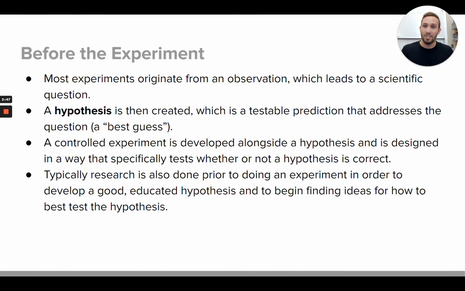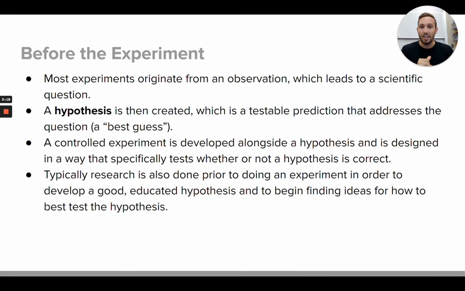Before we do that, just to preface this whole experiment thing, before an experiment, usually there's some kind of observations that are involved of the natural world around us, especially in biology. Scientists are constantly observing specific things, and then those lead to scientific questions. And from those scientific questions, they form a hypothesis, which we'll talk about towards the end of these notes, but that's a testable prediction of what might be the answer to that question.